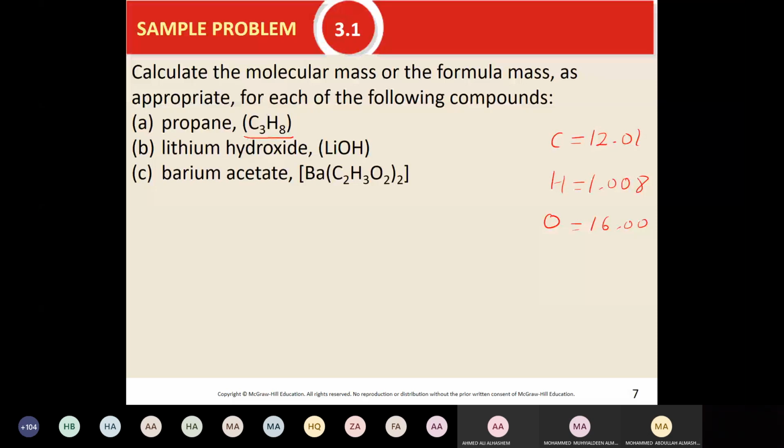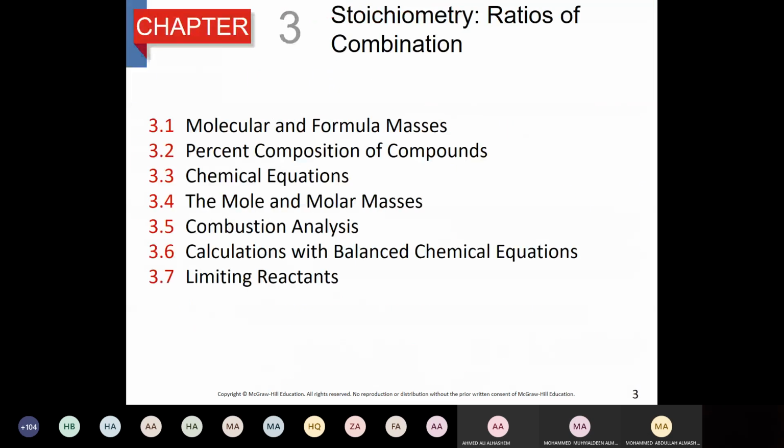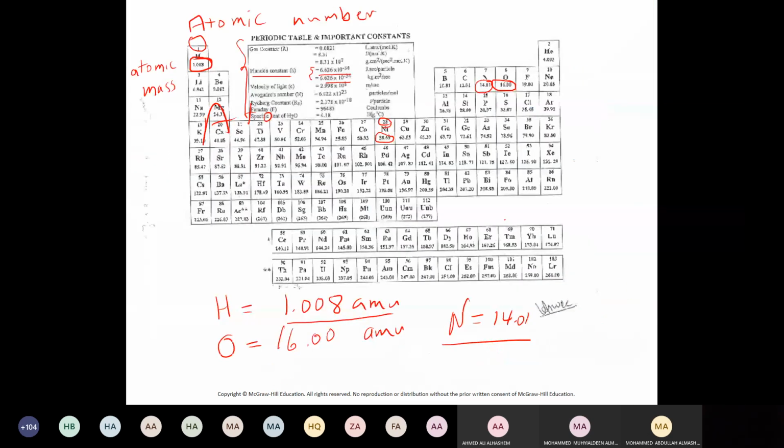What else? Nitrogen is 14.01. Keep this in mind. But for example, lithium, I don't know what lithium is. I have to go to the table. Lithium is 6.94.